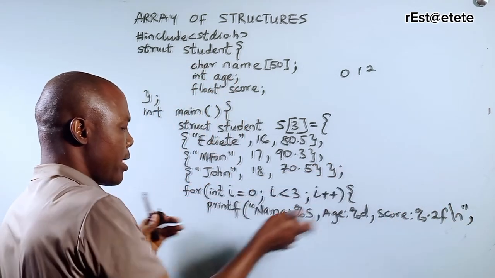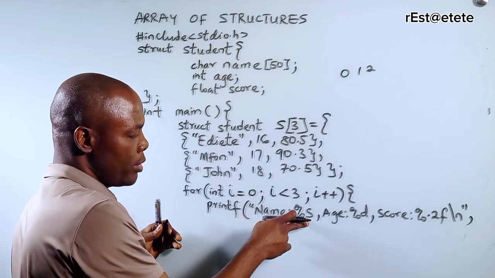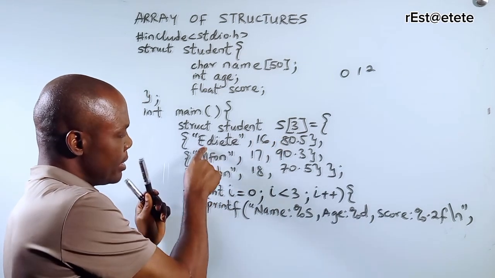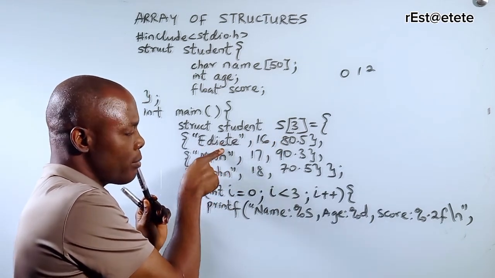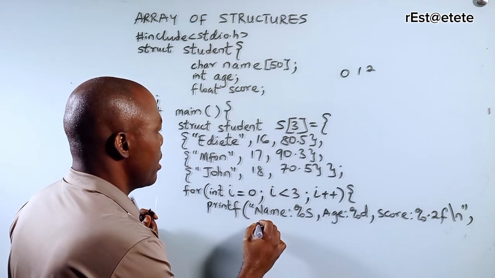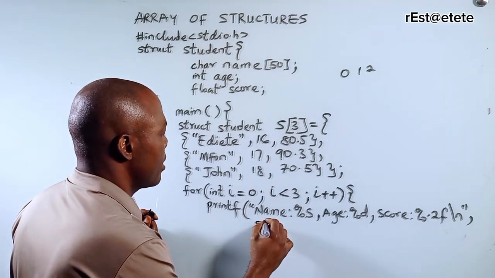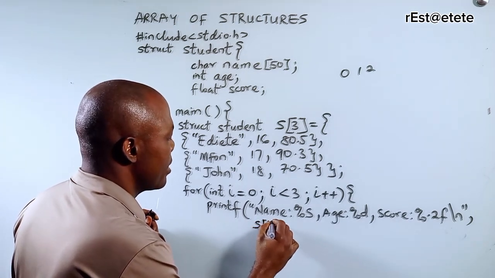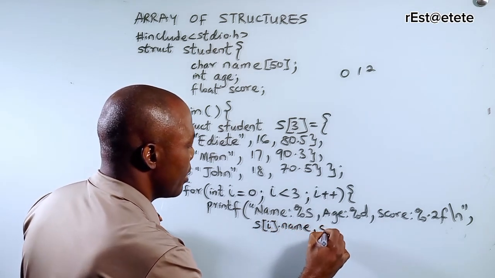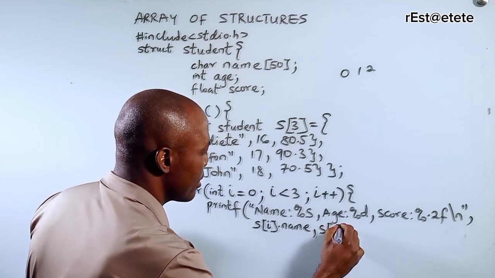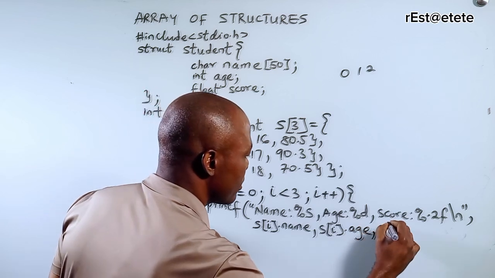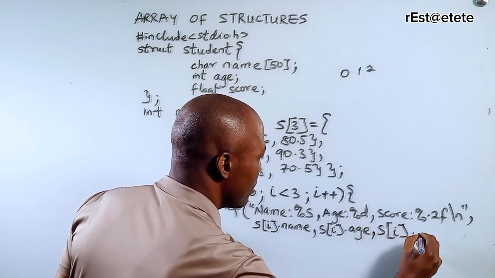Then what should be there? For name is what? String. Now this is an array. So for me to access this and print out everything from it, this will be s[i].name, s[i].age, and s[i].score.